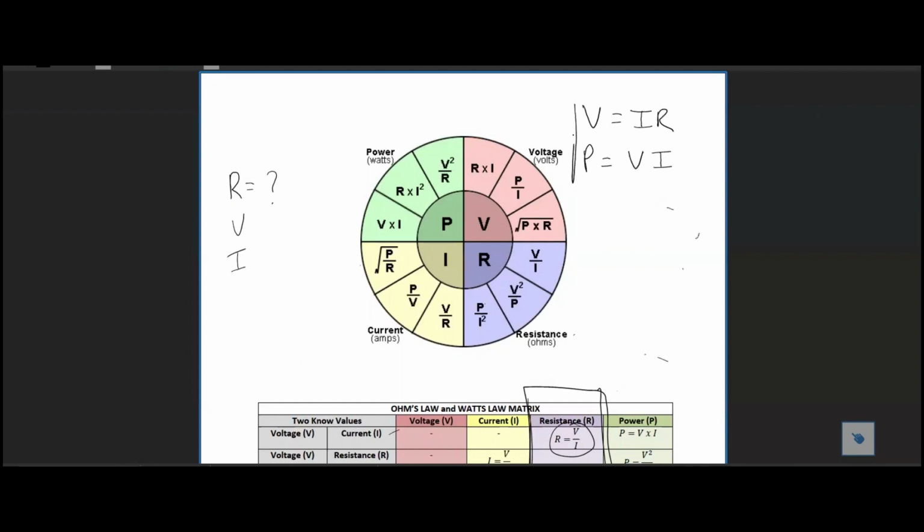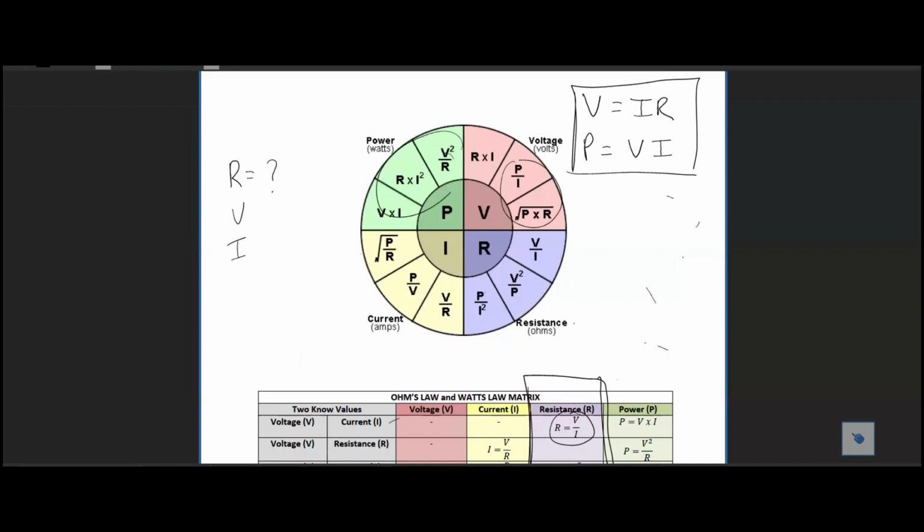But these are the two main formulas that you need to remember. You need to know these like the back of your hand because these are the foundational formulas for electronics. All the rest of these versions of formulas are derived from these two basic formulas. And if you watch the videos that I suggested, they go into a little bit more detail on how these formulas are derived.